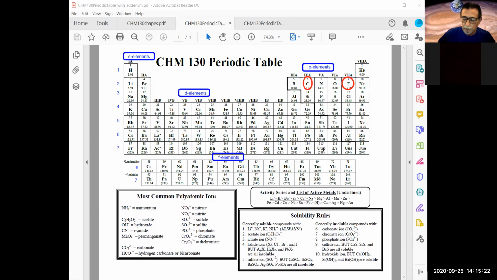Okay, let's think about this for a second. Let's look at carbon. Carbon has 6 protons, 6 electrons. Fluorine has 9 protons, 9 electrons. Okay, and so there are more positive and negative interactions. Basically, we got more magnets.